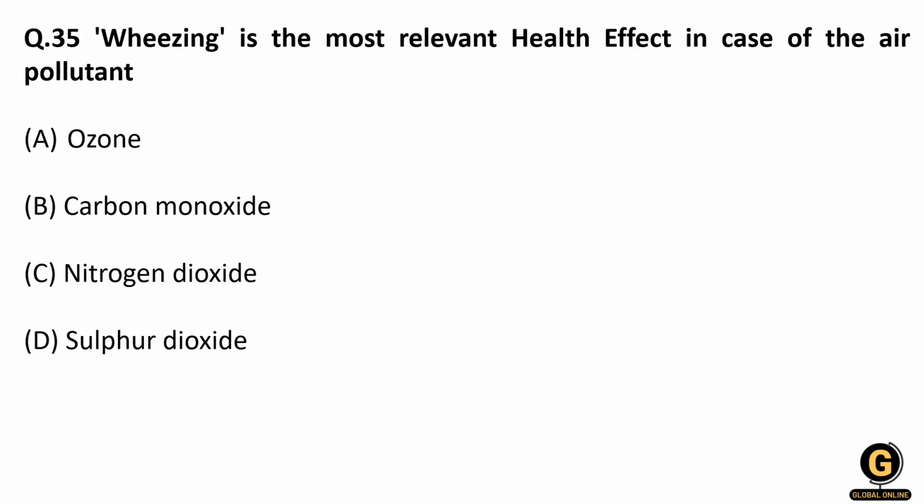So wheezing is the most relevant health effect in case of which of the following pollutants? We have seen that ozone leads to asthma attack, right? Then carbon monoxide exposure leads to instant death, because it will choke off your oxygen, right?